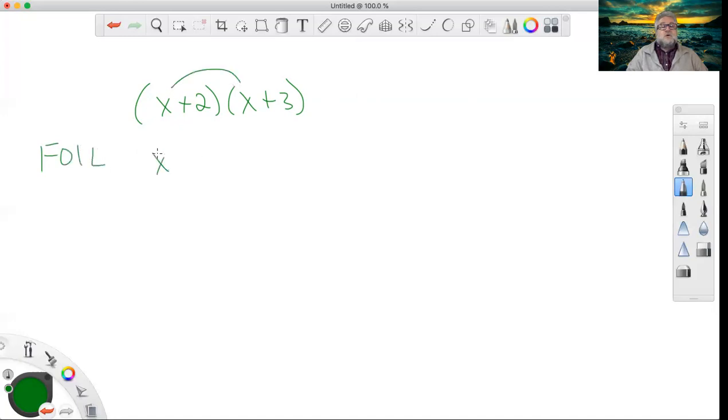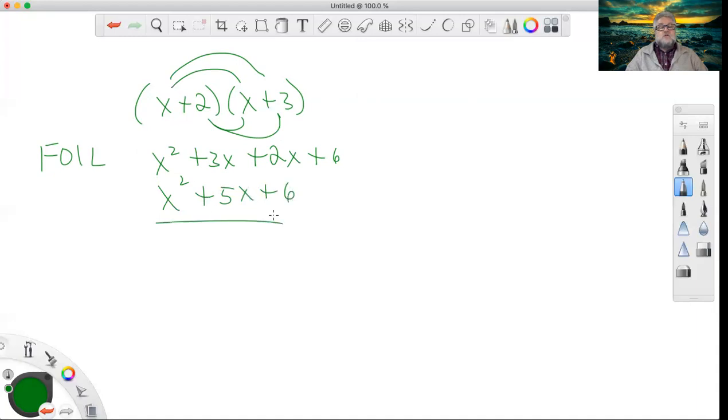First two, outside two, inside two, last two. x squared plus 5x plus 6. So this is the same as that. This is in factored form. This is with the factors multiplied out. Okay? We need to remember to do that. So we need to watch out for that, because we're going to do this sometimes. Okay?